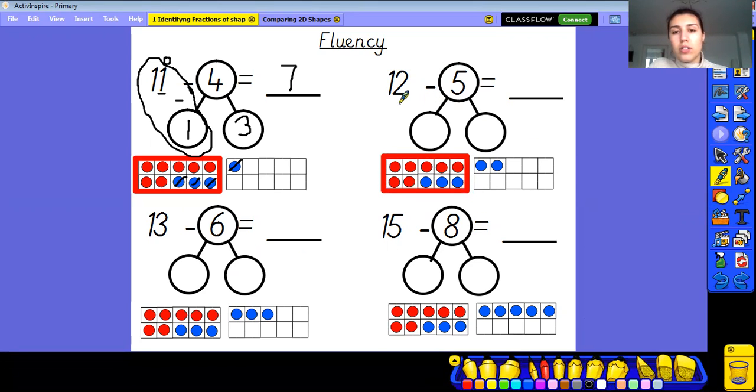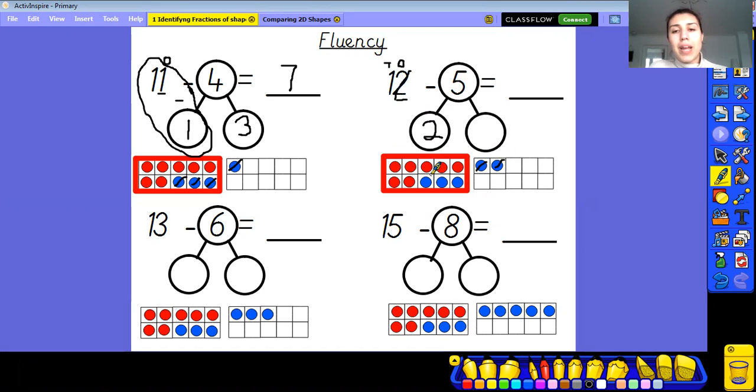How many ones do I need to subtract to leave me with just my 10? Well, you can see on the tens frame that I need to subtract 2 ones, and you can see from looking at our number 12 that I need to get rid of these 2 ones here. So I'm going to take away 2 first of all, because I know that 12 subtract the 2 ones will leave me with just the 10.